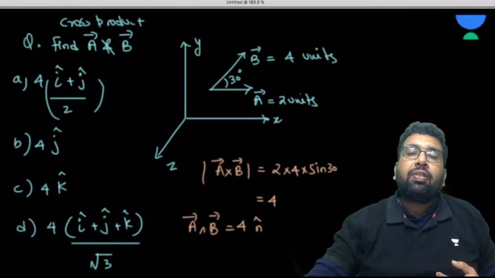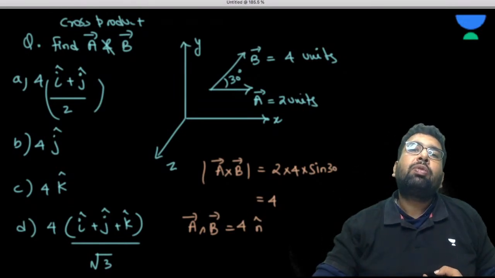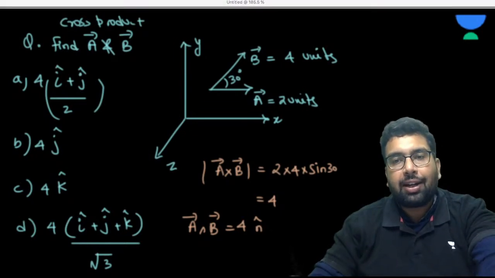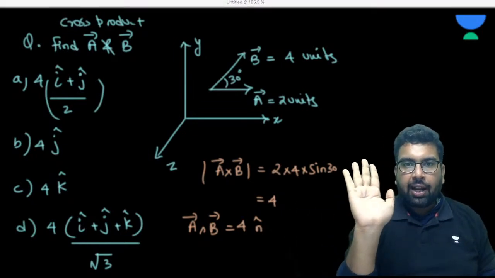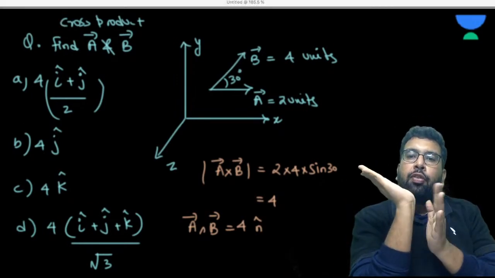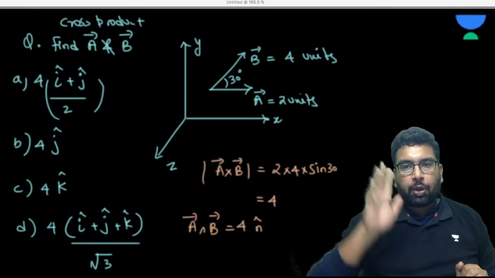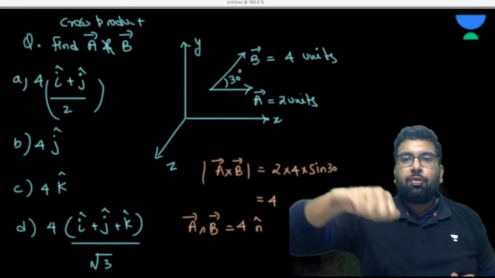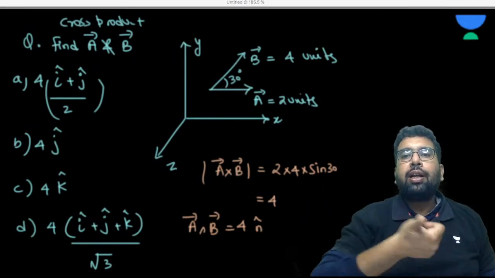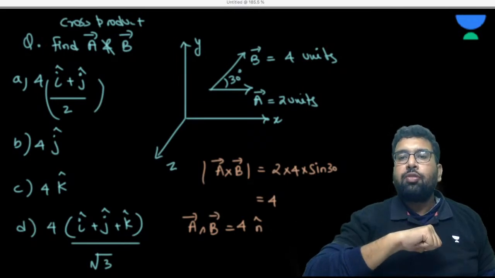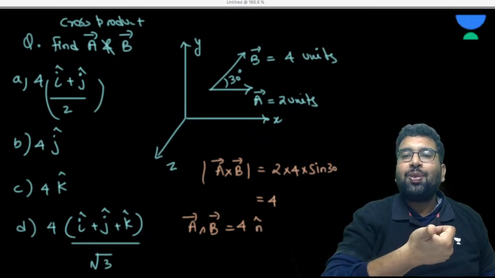But if it is written plus 4 k cap and minus k cap, what would you have done? For that you require the direction. Now please see, using the right hand, the tip of the right hand has to be where the vectors join each other. This is XY, so definitely your thumb will be either pointing towards you or away from you. If it is pointing towards you, that is positive Z. If it's pointing away from you, that is negative Z.